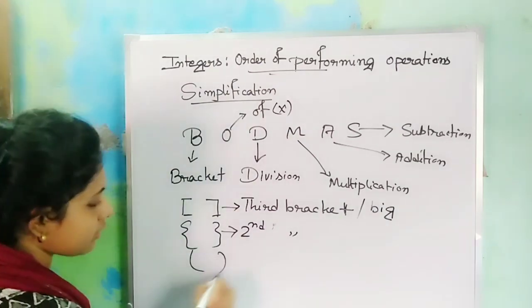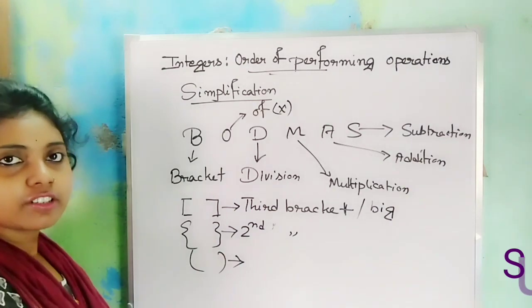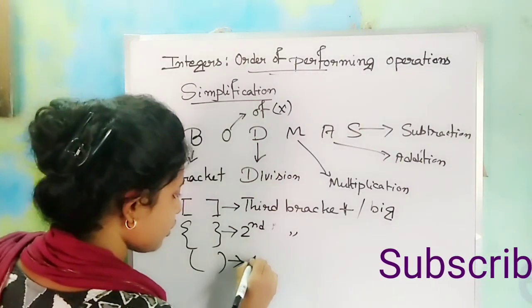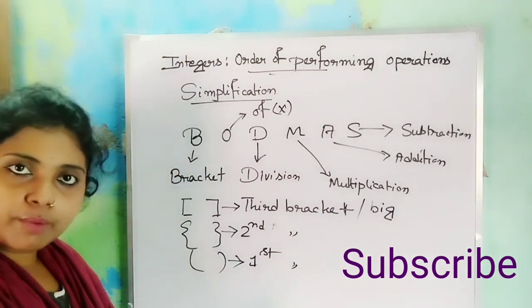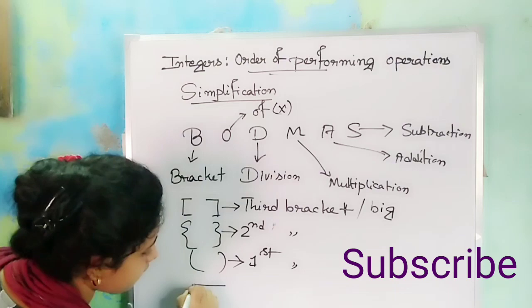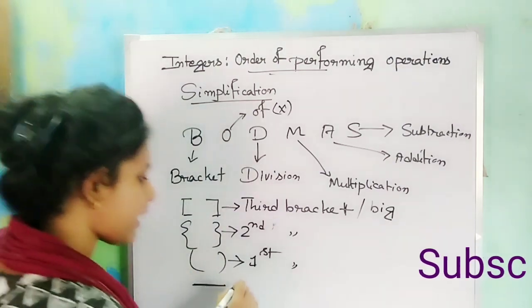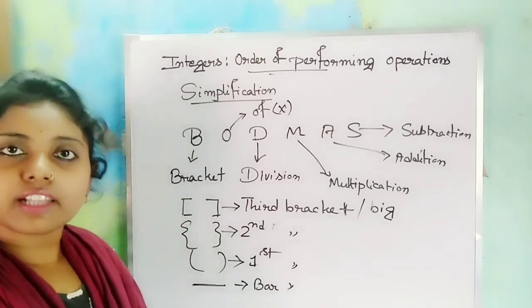Next, this is the first bracket, also called the common bracket. Next, the bar bracket, also called the line bracket.